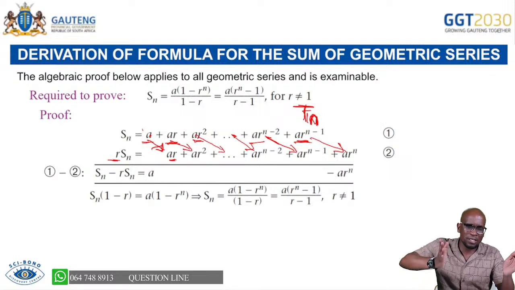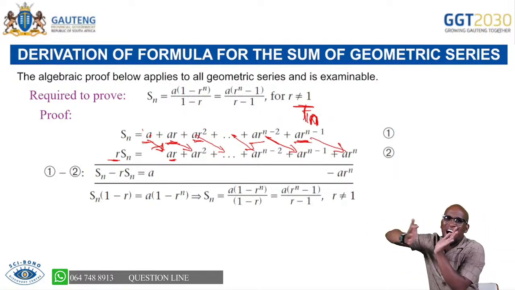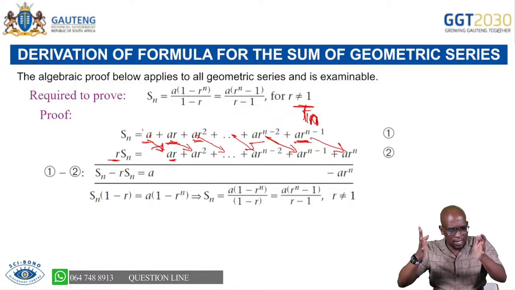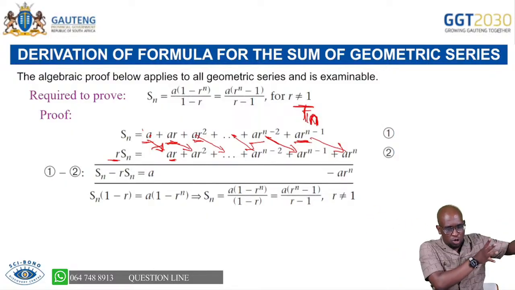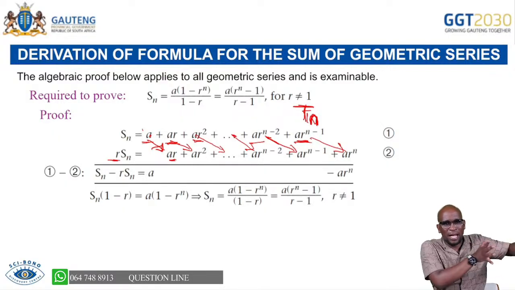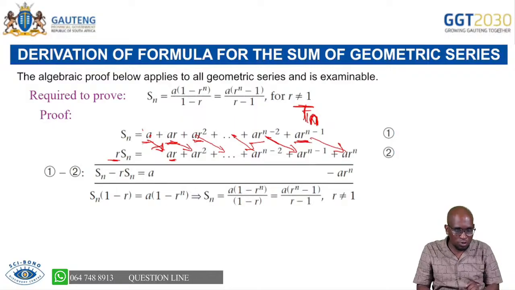Now you can see that all the terms have shifted one r multiple to the right. Because of that, we are going to then say equation 1 minus equation 2.